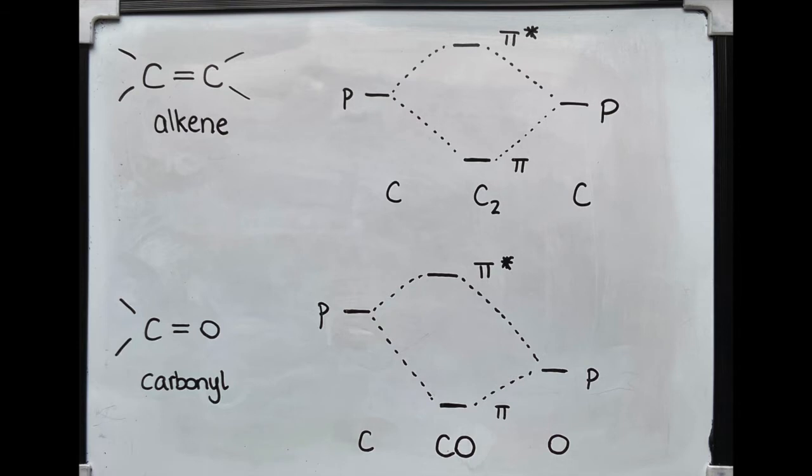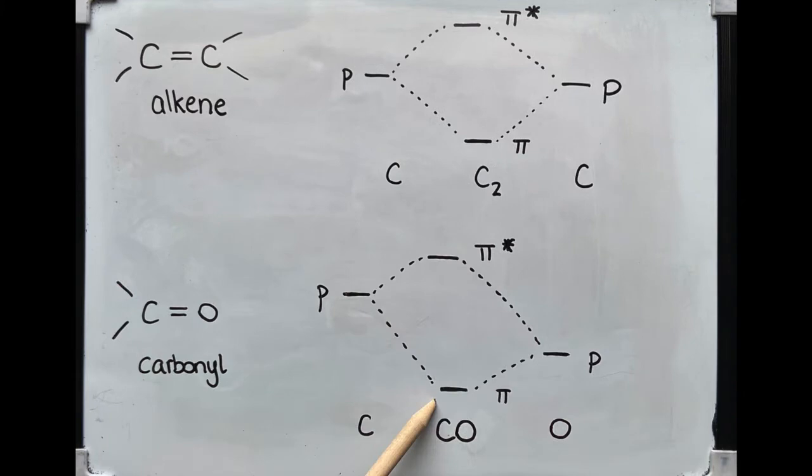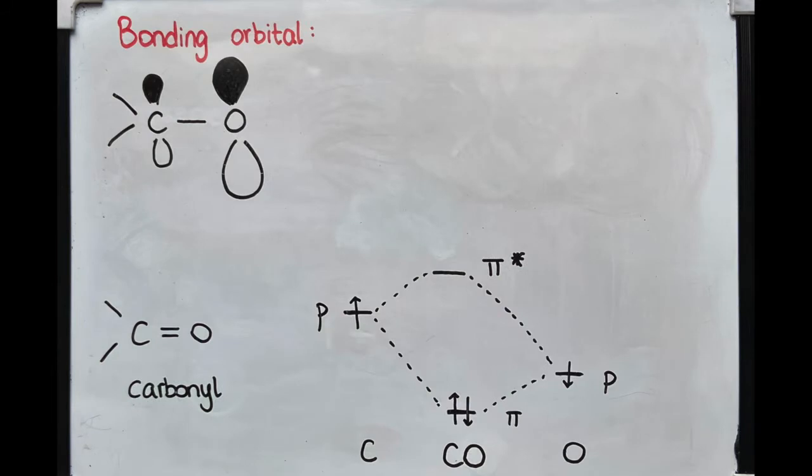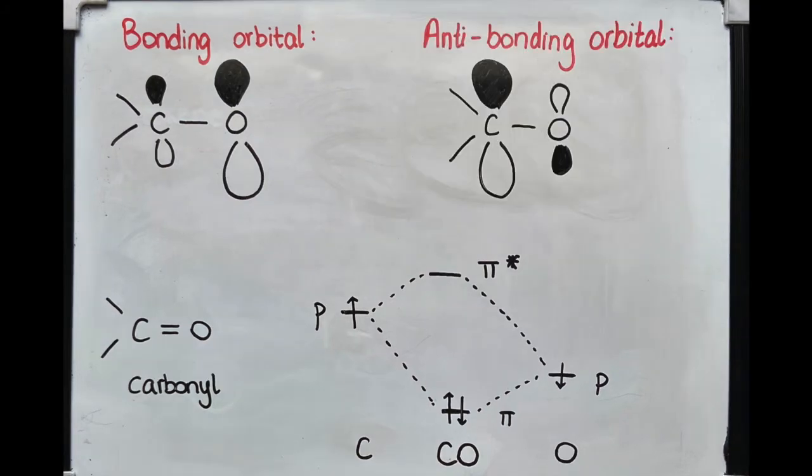Oxygen is more electronegative, so is lower in energy than carbon. This means the pi bonding molecular orbital is closer in energy to oxygen, and the pi star anti-bonding molecular orbital is closer in energy to carbon. In other words, the bonding orbital has the highest coefficient of electron density on oxygen, while the anti-bonding orbital has the highest coefficient of electron density on carbon.